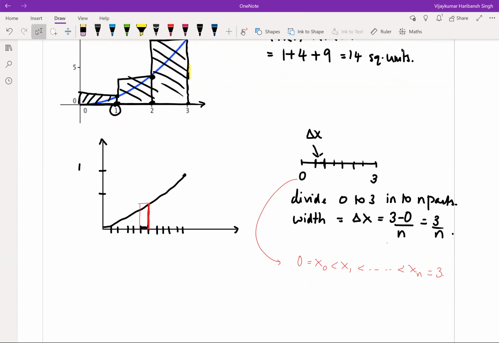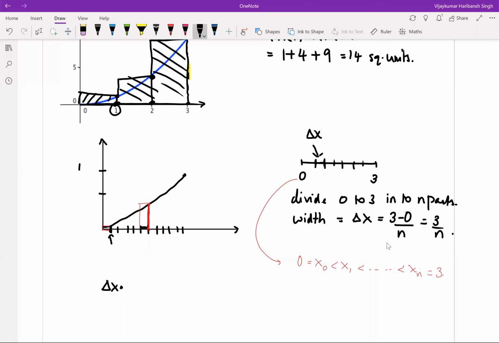All right. Now, what is the height of this one? So let's see, what is the height of the first one? So for the first one, the base is delta x, like every one of these, delta x. And the height is going to be what?